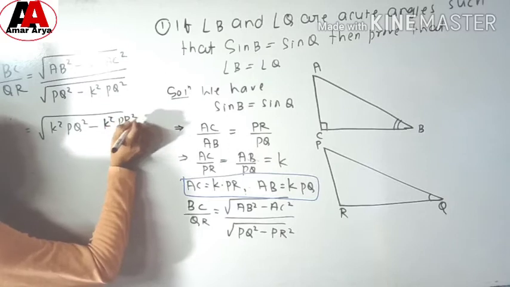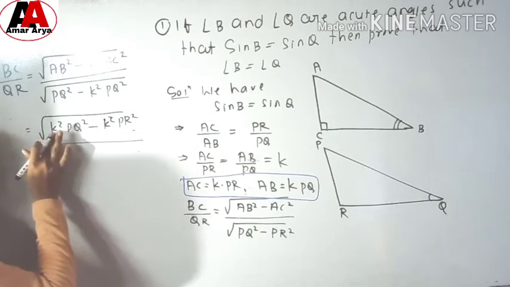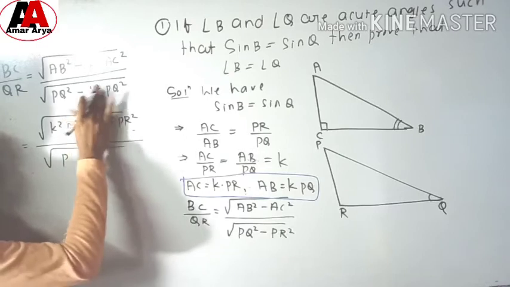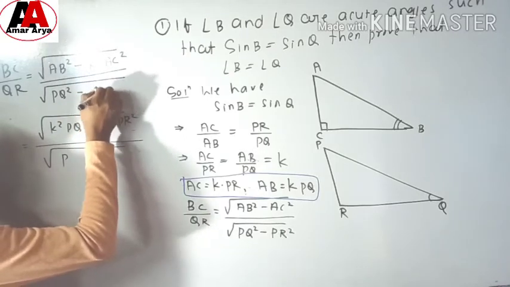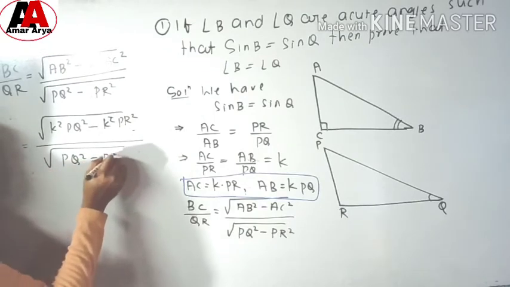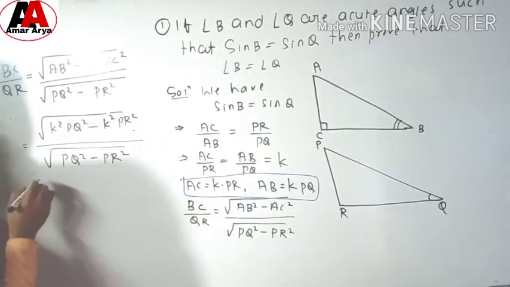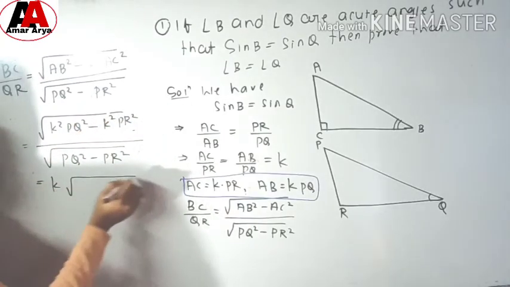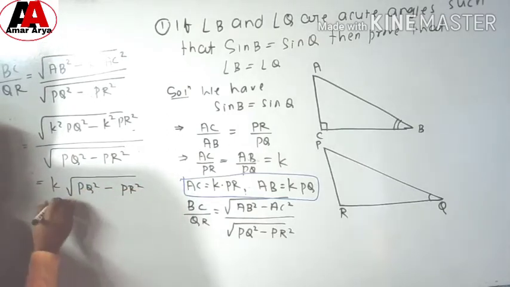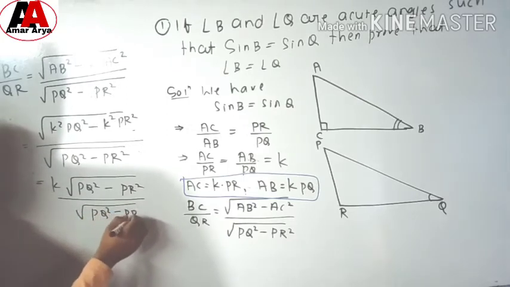Taking K square common, we get K into the square root of PQ square minus PR square, divided by the square root of PQ square minus PR square.